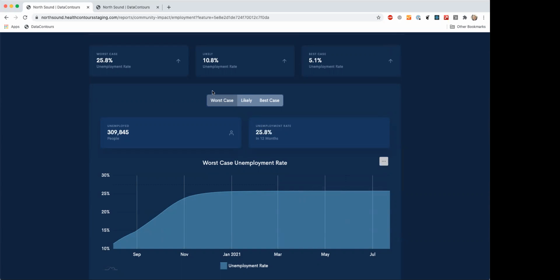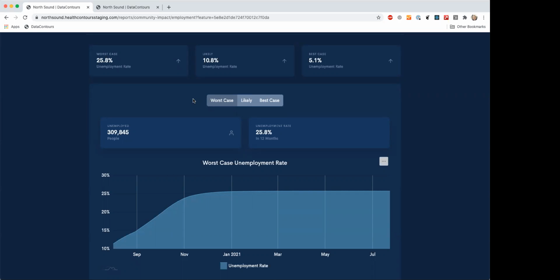The worst case estimate we have for unemployment is what we call the worst case scenario. And this is essentially assuming we see in the fall the shock that we saw in the spring. So we would see a doubling of the current unemployment level. We would see no economic recovery beyond the end of the year.